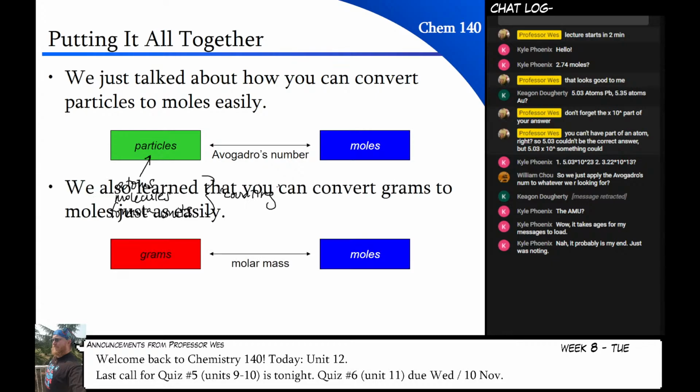Now, we just talked about that you can also turn grams into moles or moles into grams just as easily. So if the top 2 things can be converted back and forth, and the bottom 2 things can be converted back and forth, we should be able to convert particles and grams back and forth too by going through moles.